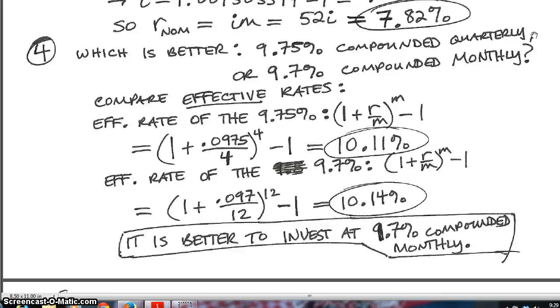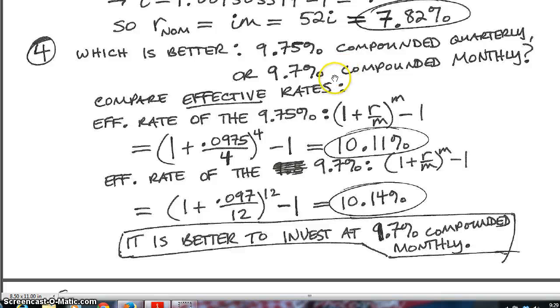So the only way to really compare them is to compare the effective rates. You can't just look at 9.75 and say, well, that's bigger than 9.7, so it must be better. If the 9.7 is compounded monthly, that's more often, so that might make up for the fact that it's a slightly lower rate.